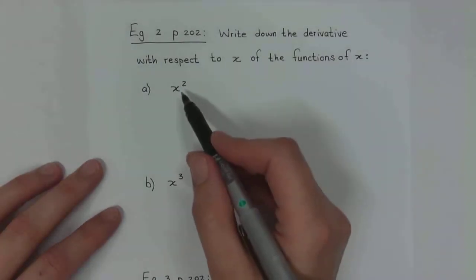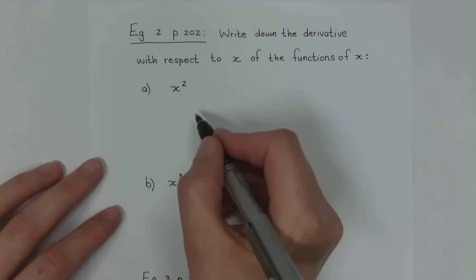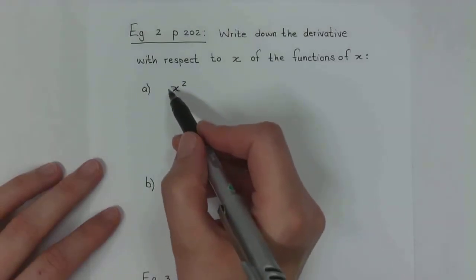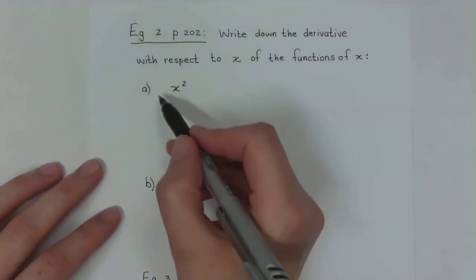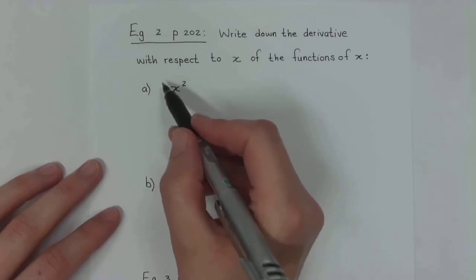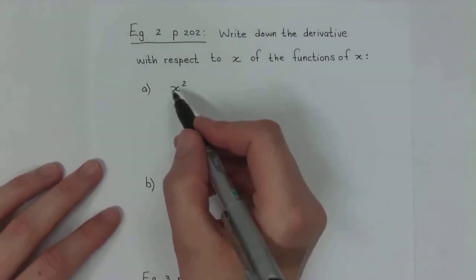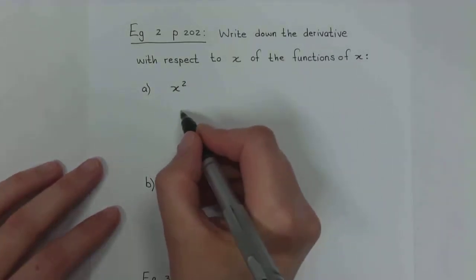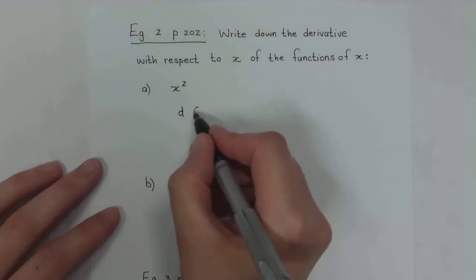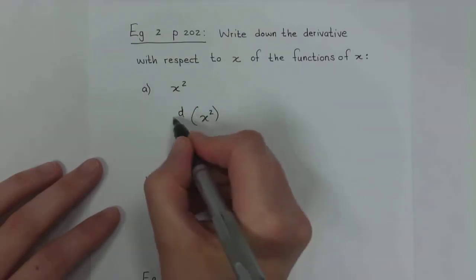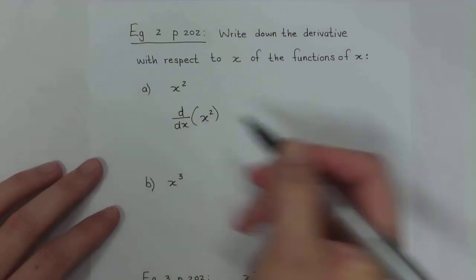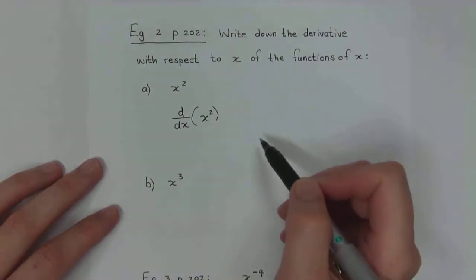Right, so again, if I want to find that derivative, we're going to practice our notation. Please see that they didn't call this y, they didn't call this f of x. So because this wasn't defined as y or f of x, I'm going to have to use the notation saying it's the derivative of x squared in terms of x. So I'm just using that notation that I've already discussed.